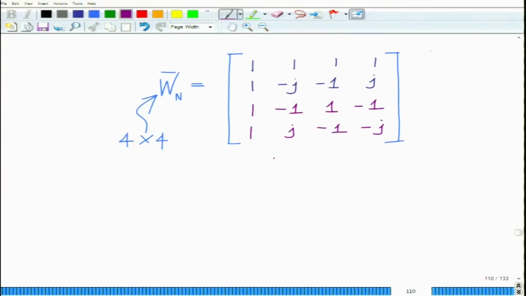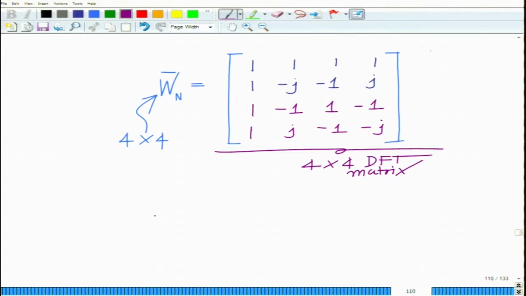So, this is basically your 4 cross 4 DFT matrix.